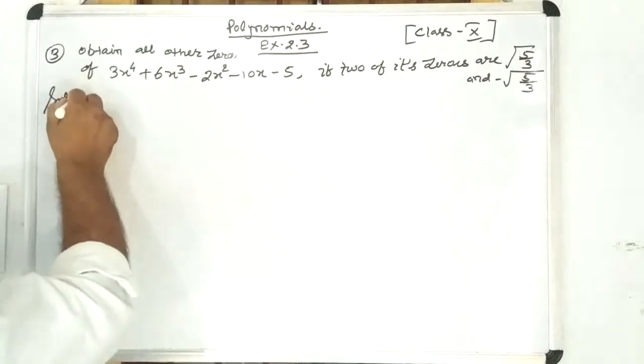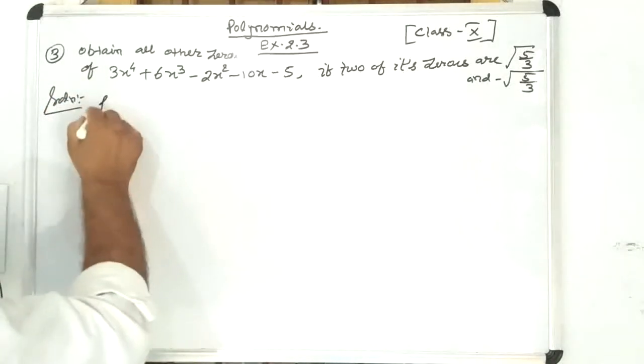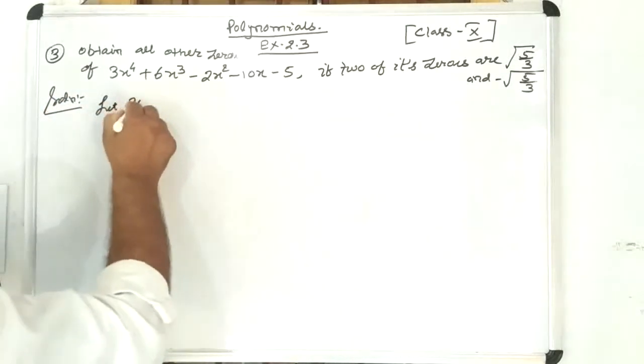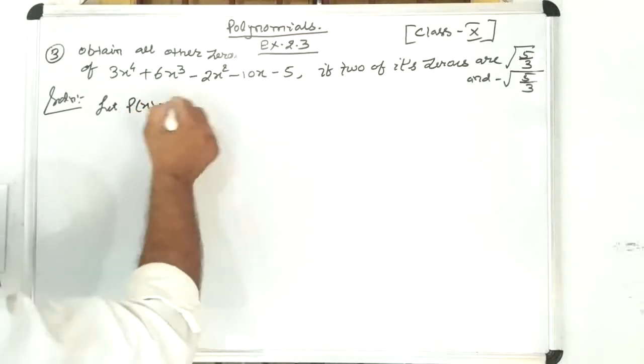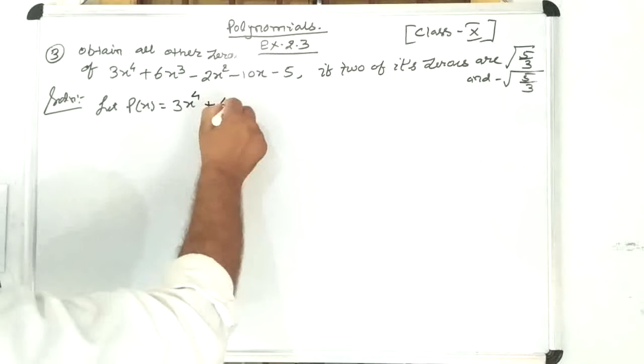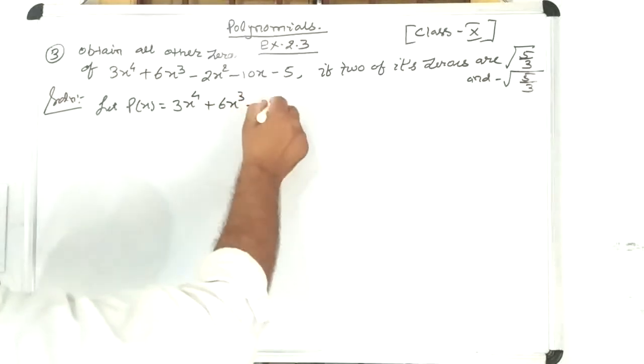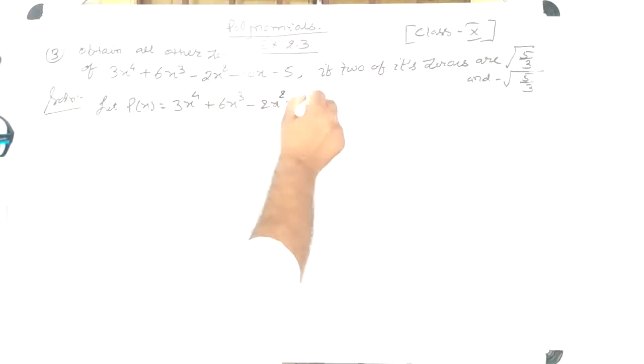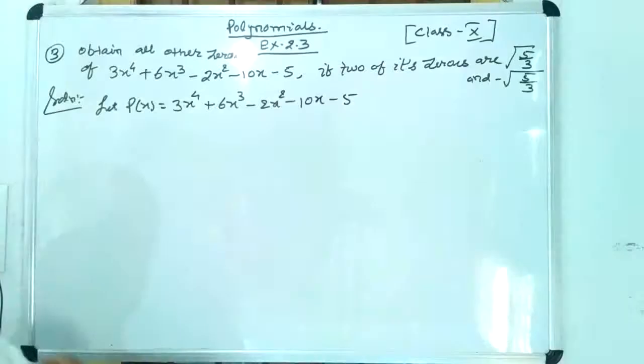Solution of this question. First of all, you assume the polynomial p(x) equals 3x power 4 plus 6x cube minus 2x square minus 10x minus 5.